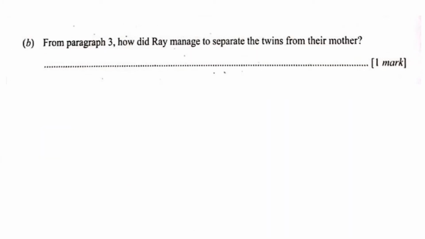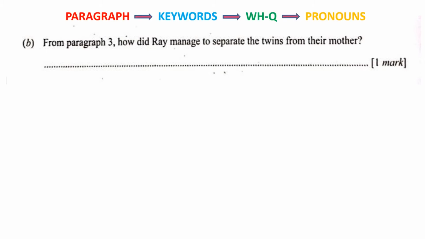Are you beginning to get the hang of it already? Yes or no? Let's try another question. So 26B. Again, you must remember the four things: paragraph, keywords, WH question, and pronouns. Earlier in 26A, there were no pronouns. But here, let's see. Okay, paragraph first.